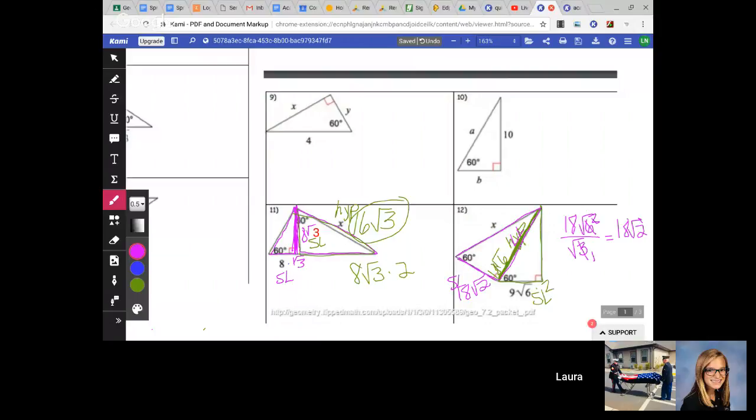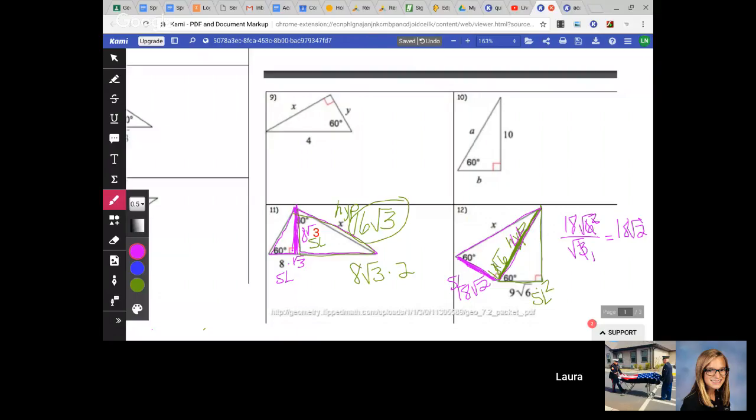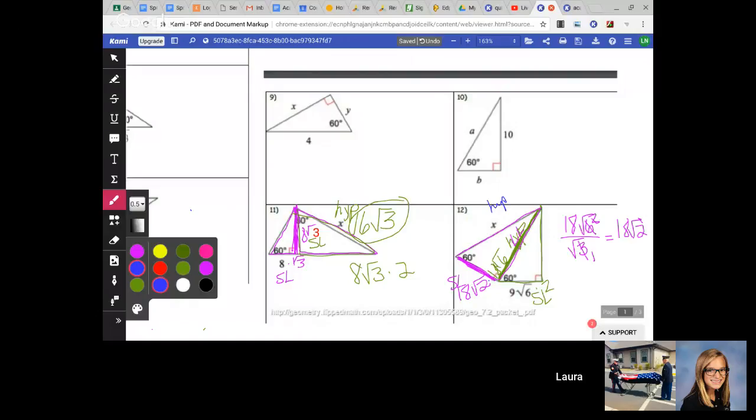Does that make sense? Yes, ma'am. Okay. Now we're still trying to find x. There's a roundabout way to do it. How do you go from the short leg to the hypotenuse? You multiply by 2. What's 18 root 2 times 2?